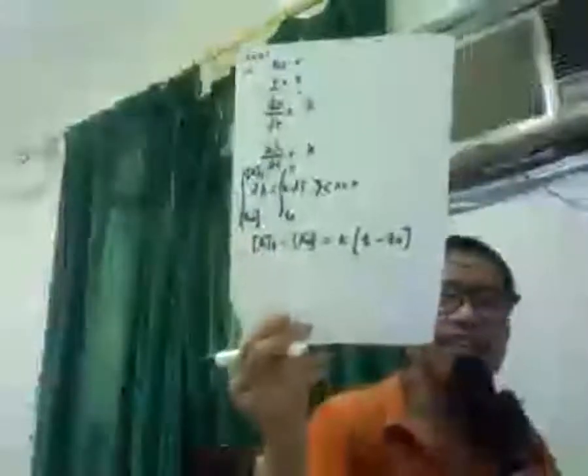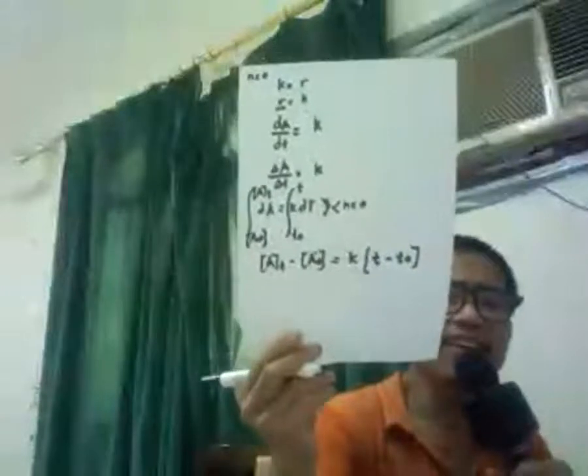So final minus initial. So A_t minus A_0 is equal to k(t minus t0).